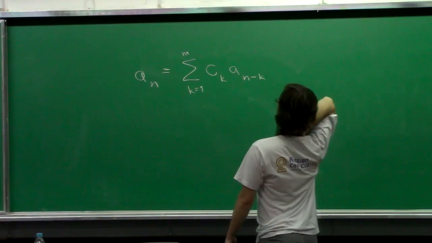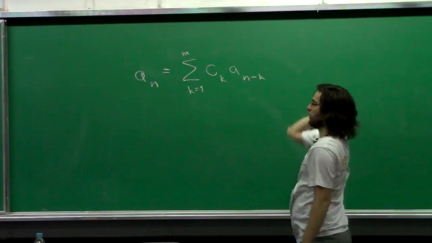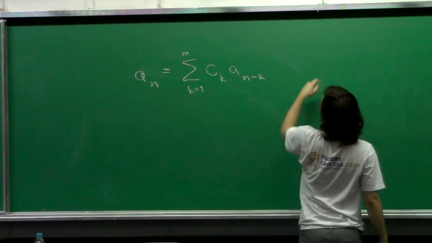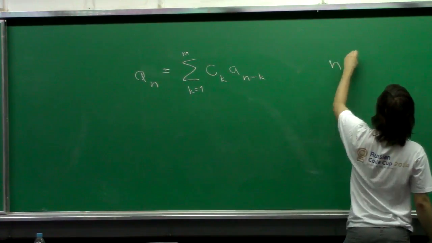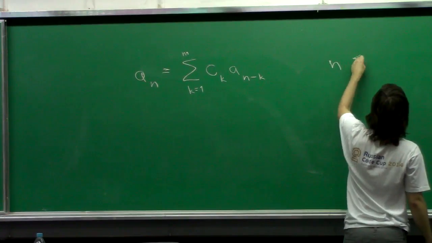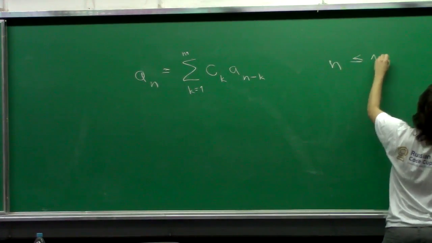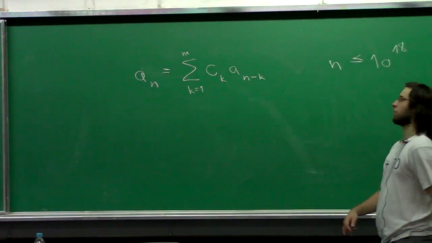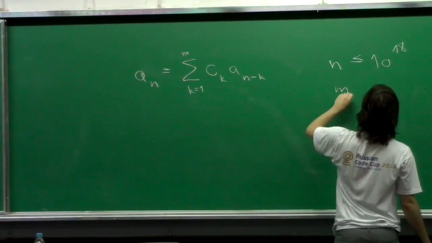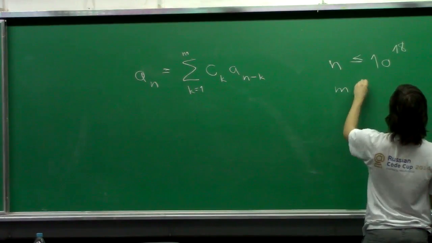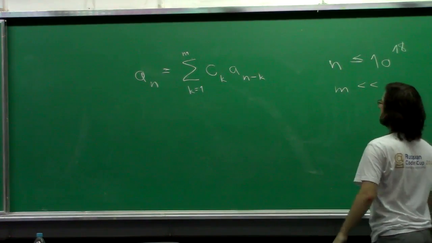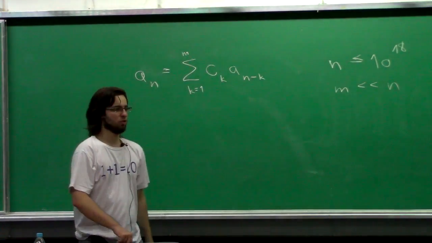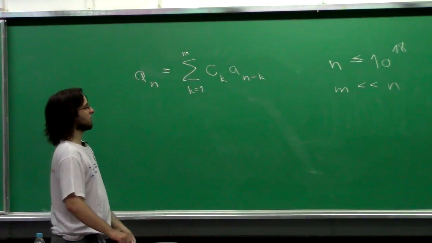For example, not m comparable to n, but n could be up to 10 power 18, any very large number, and m is much smaller than n. For example, 2, 3, 10, possibly 100 or something like that.